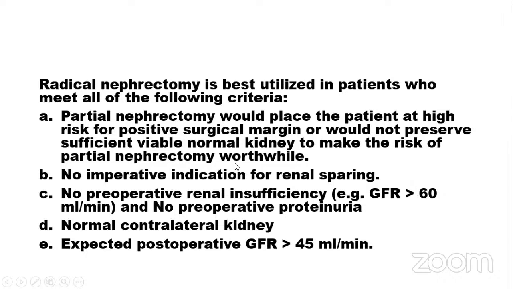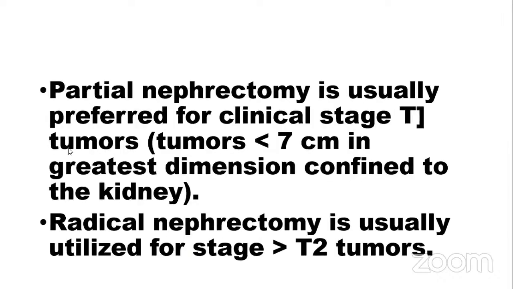It is best utilized in this patient: partial nephrectomy places the patient at high risk of positive surgical margin, or would not preserve sufficient viable normal kidney to make the risk worthwhile, and no imperative indication for renal sparing, and no preoperative renal insufficiency, a normal contralateral kidney, and expected postoperative glomerular filtration rate more than 45 ml per minute.